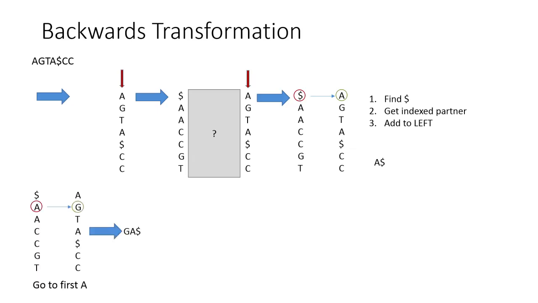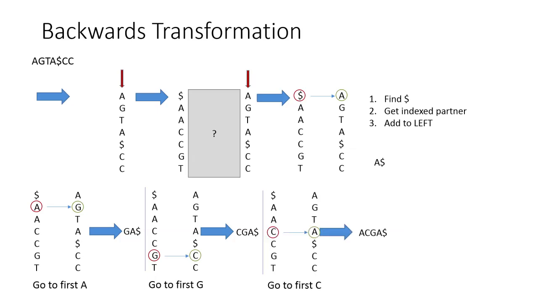So the next step is to find the first A in the sorted column and find its index partner. You put that G in front of the A to the left. This gives you the first G in the Burroughs-Wheeler string. So you find the first G in the sorted column, and you do the same for the subsequent steps.